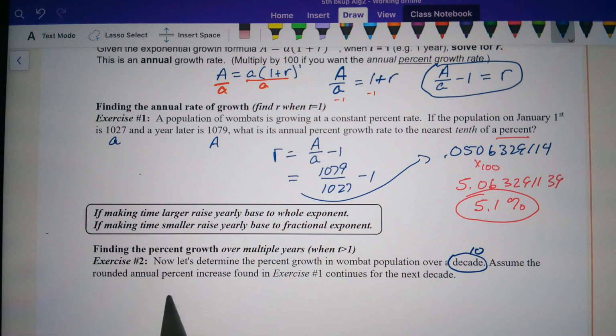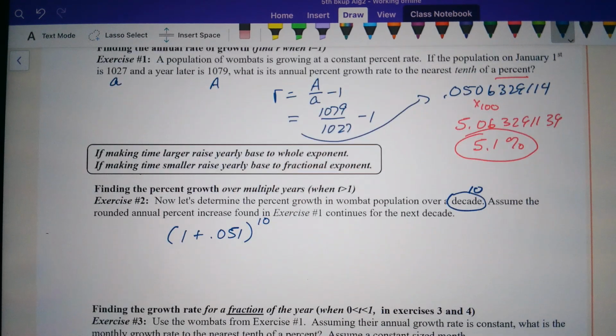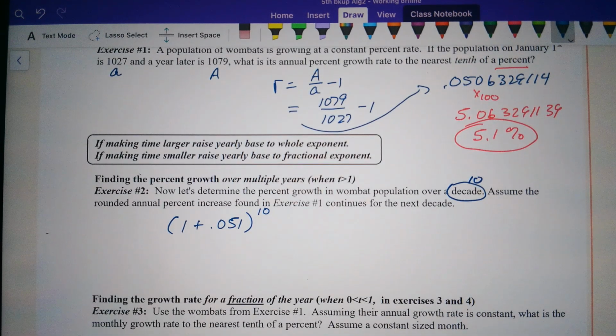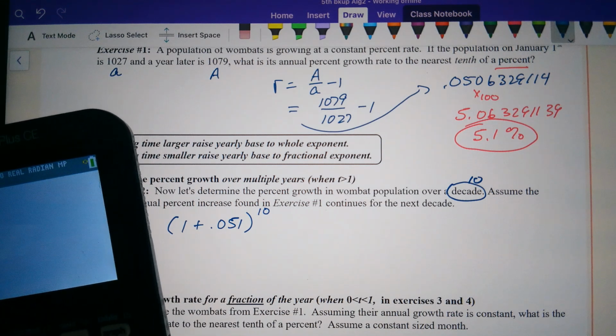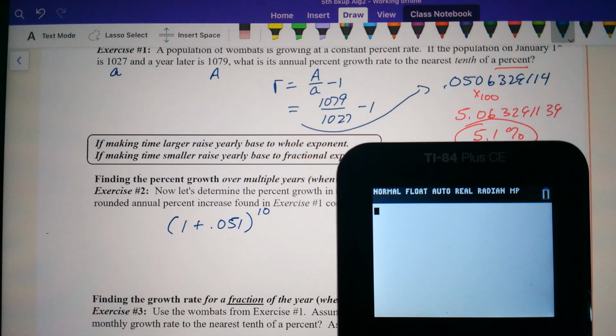We will take our 1 plus 0.051 and raise it to the power of 10. What does this equal? Definitely use the calculator. 1.644.